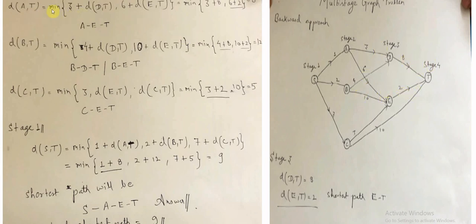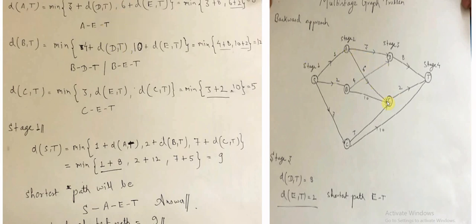So this is the formula: minimum cost of weight AD, that is 3, plus the cost to reach from vertex D to T, that we have already computed, that is 8.